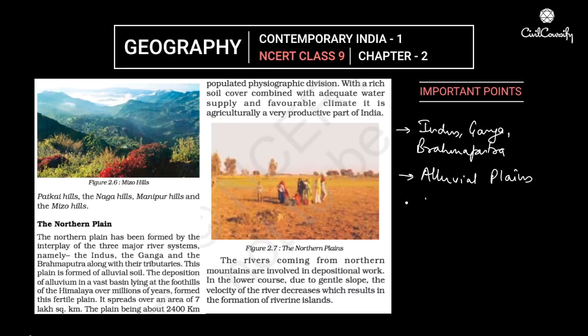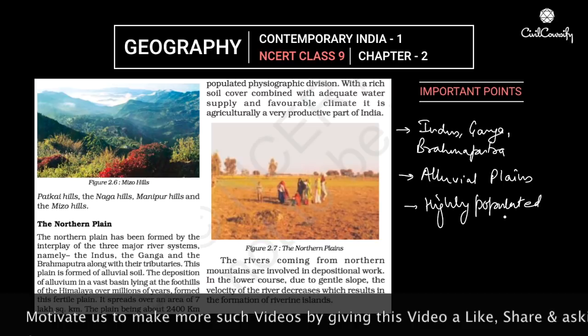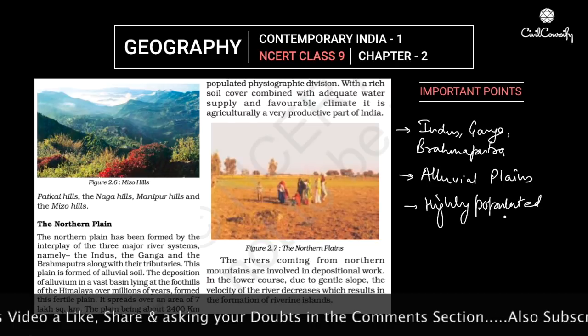That is why it is highly productive for crops, and this is why the entire northern plain is highly populated. It is highly populated because the soil over the ages has been very fertile and productive. You must know that Uttar Pradesh, where the most alluvial plain is present, is highly populated. It has around 20 crore population, according to the 2011 census. That is why the northern plains are very important.